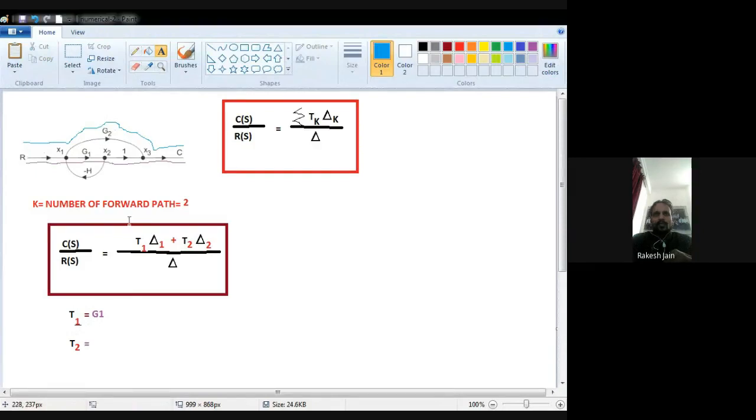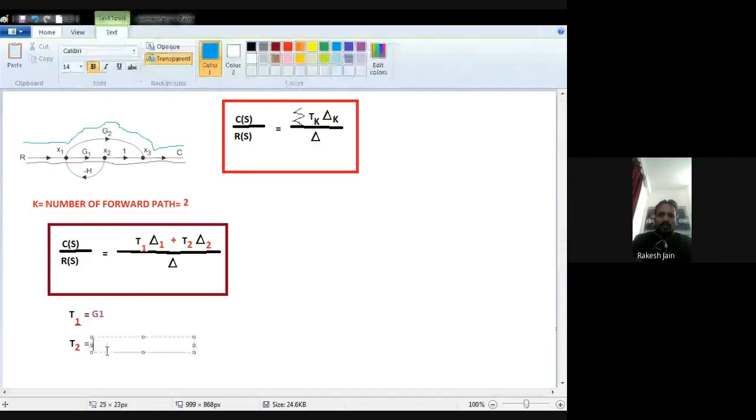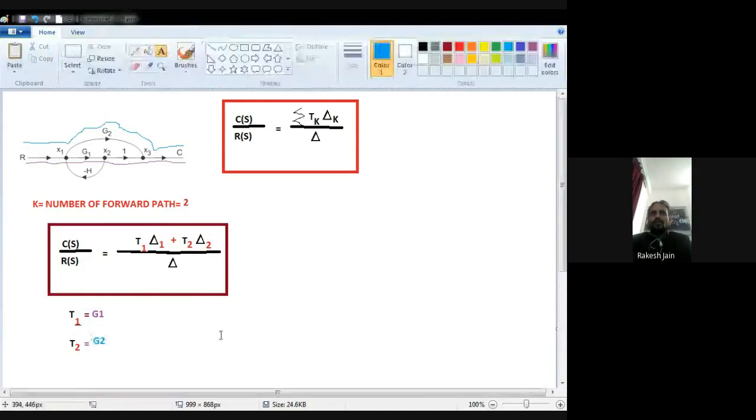Then I reach at x3 directly with the help of this branch whose gain is g2, so 1 multiplied by g2, then I reach the output side without anything written over that, so 1, so 1 multiplied by g2 multiplied by 1, so g2 is the gain of this second forward path.